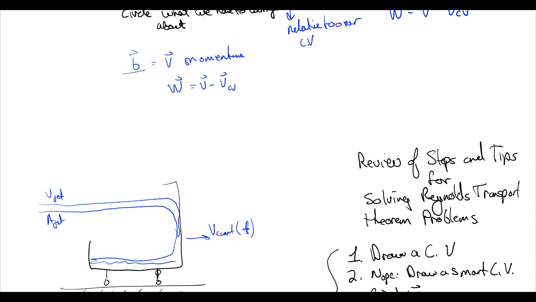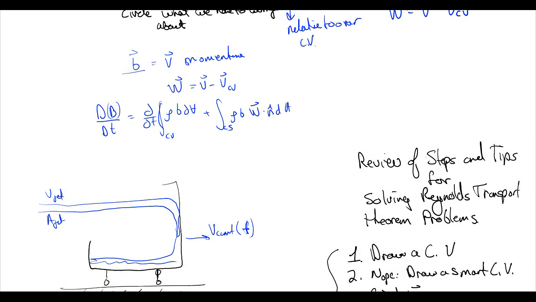So we're going to rewrite our Reynolds transport equation as the total derivative of some quantity b is equal to d dt of the integral of rho b dV over the control volume plus the integral over the control surface of rho b w dot n hat dA, just to make it absolutely clear that this is the velocity relative to the control volume surface.